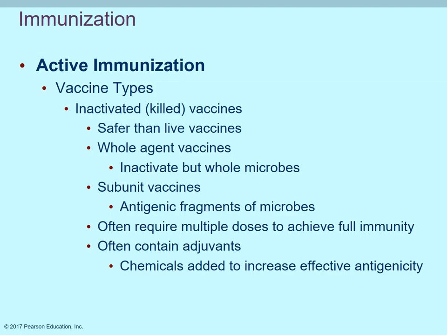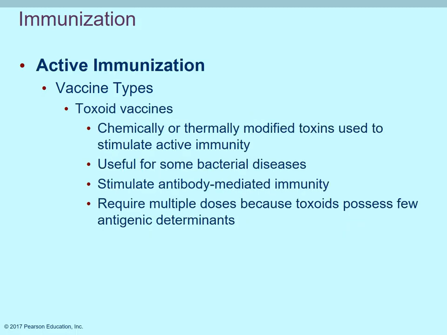Sometimes with these inactivated types, you may have to give multiple doses. So you start with one, and depending on the vaccine, it may be a few months later, it may be 6 months later, you give a booster. There are some where you need to give a series of 3 shots. Sometimes they will contain chemicals that will help increase the effectiveness.